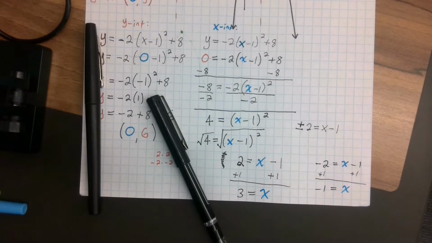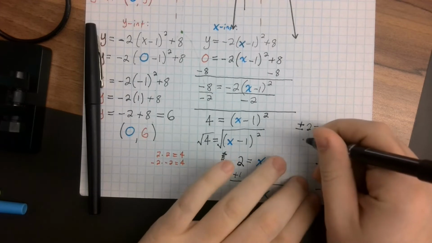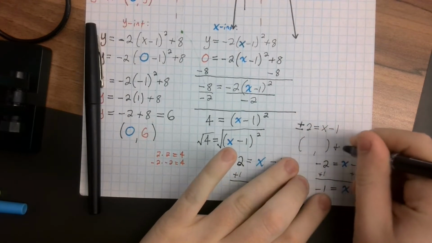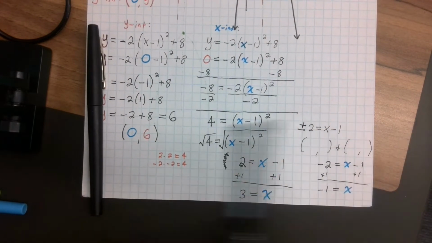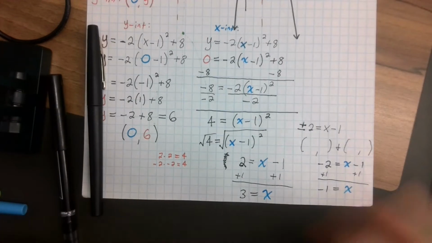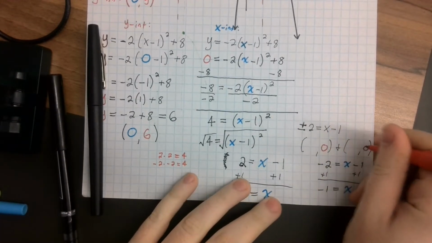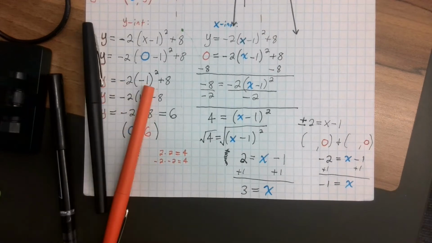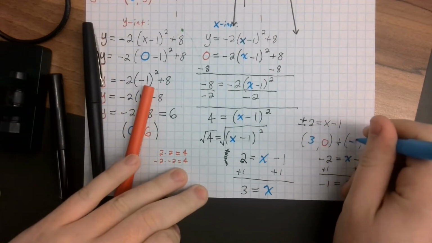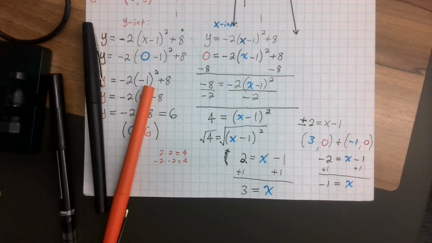We found our two x-intercepts. And remember, our x-intercepts are wherever y is 0. So, we know that when y was 0, x should be either 3 or negative 1. These are x-intercepts.